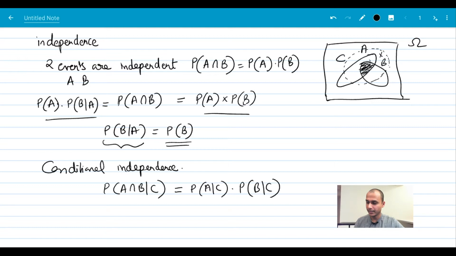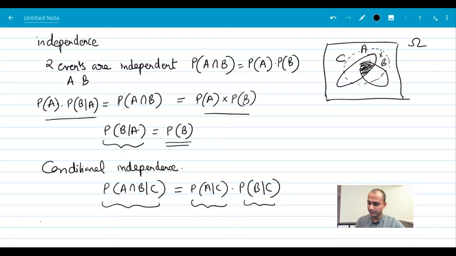So probability of A intersection B given C is here, and given C, there must be an updated belief on these outcomes in the set A intersection B. If that belief is equal to my updated beliefs on the probability of A given C and probability of B given C, then A and B are conditionally independent given C.